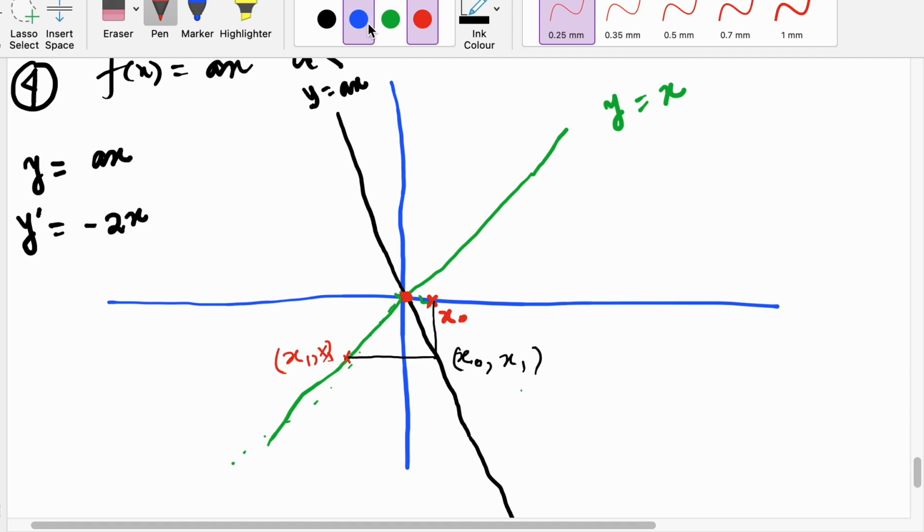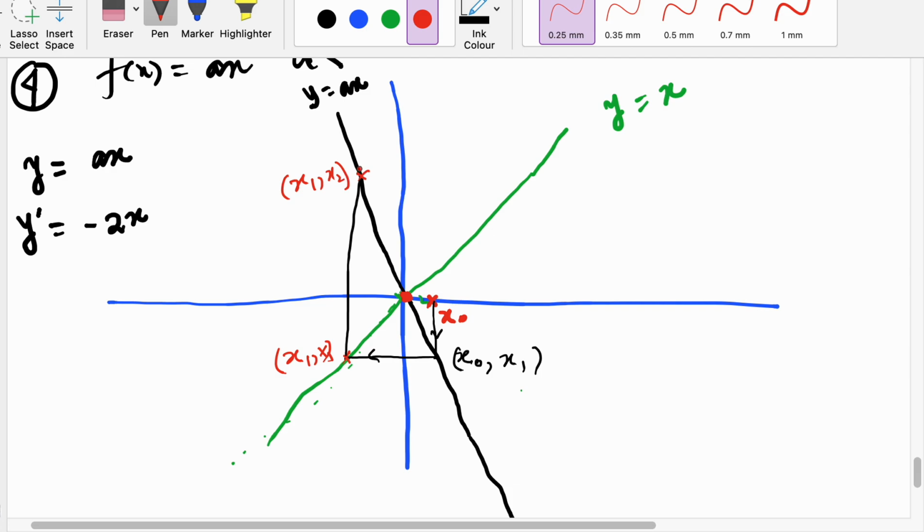Now from here I have to generate the second iterate, so from here it will hit here. It is basically x1 comma x2.